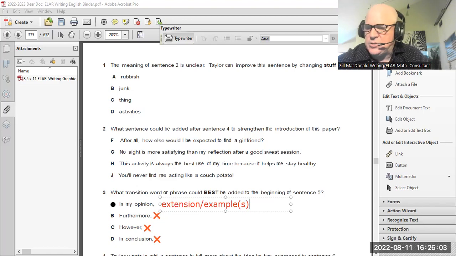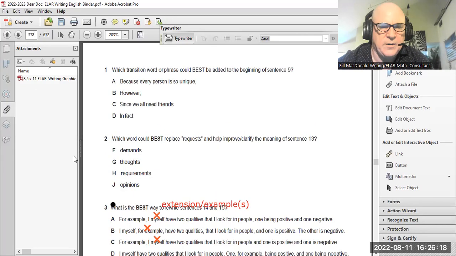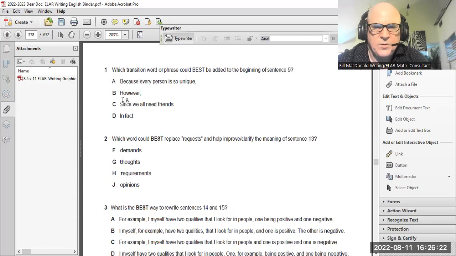So our next two are on page 378. So I will go there and allow you to go with me in your binder to page 378. I'll clear the drawings. What transition word could best be added at the beginning of sentence 9?